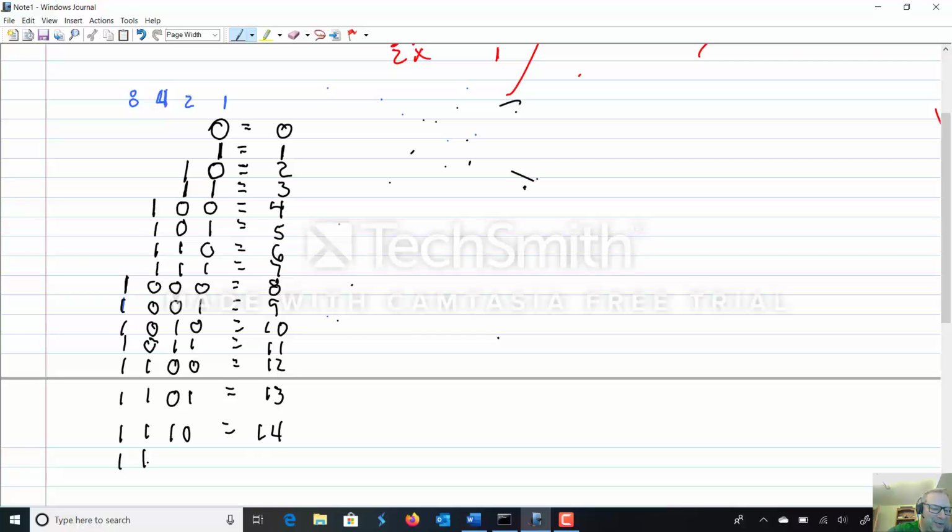And 8 plus 4 plus 2 plus 1 would be equal to 15. And that would give us a range from 0 to 15. So 4 binary digits would give us a decimal equivalent of 0 through 15.